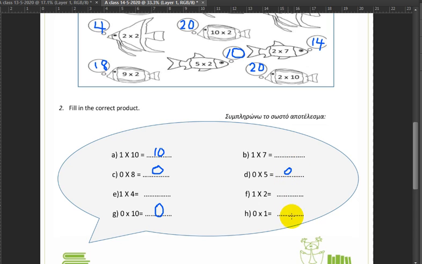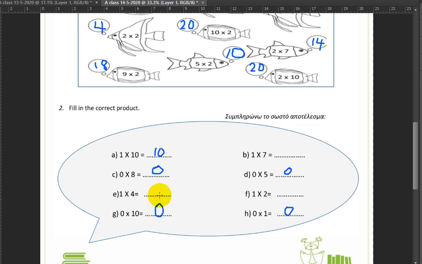I'm going to put zeros in all the multiplications that have 0 in them. So 0 times 5, 0 times 1, 0 times 10. And then we have the rest of these multiplications are multiplications with 1. So 1 times 7, 1 times 2, 1 times 4. And you should always remember that whenever I multiply something with 1, that number is the result.